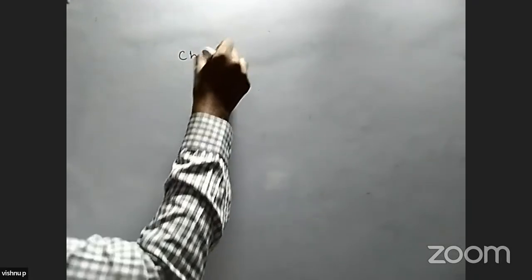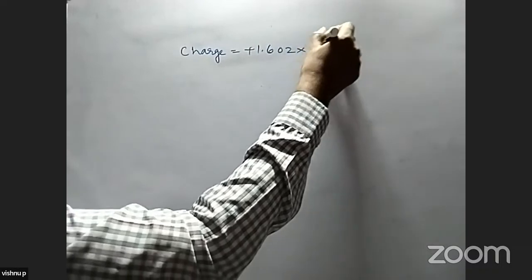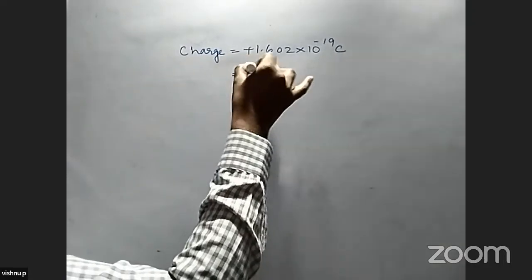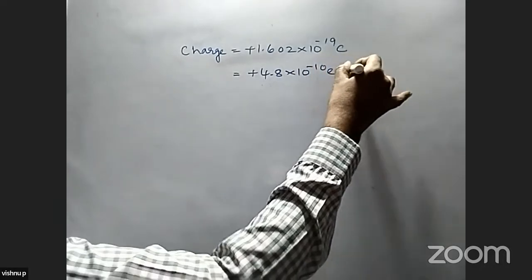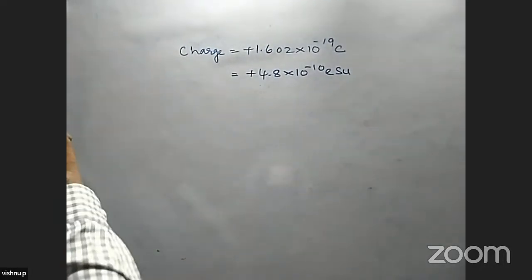And next, what is the charge of this proton? First, the charge is equal to plus 1.602 into 10 to the power of minus 19 coulombs. Charge of proton. And we use one more unit, plus 4.8 into 10 to the power of minus 10 electrostatic units.